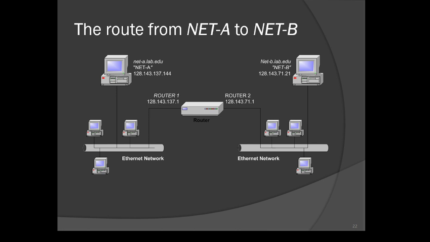Same as well with router 2. If net B will connect to net A, the packet will be sent to router 2 first so that paglabas sa router 2, hahanapin niya yung destination. So that is the function of the router, to look for a network address or a computer or server which is not part of the network.